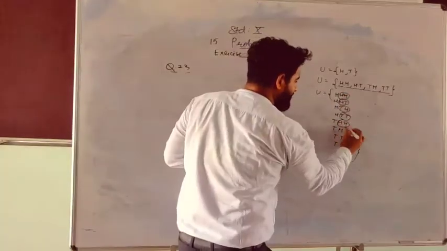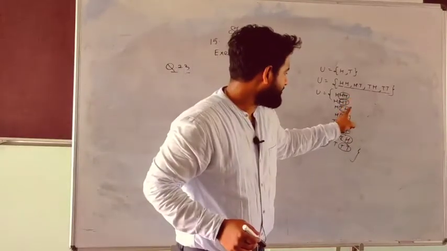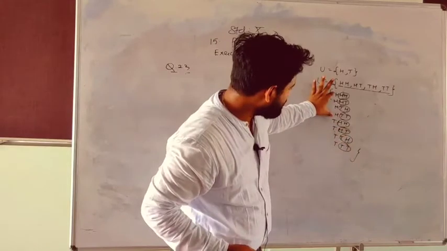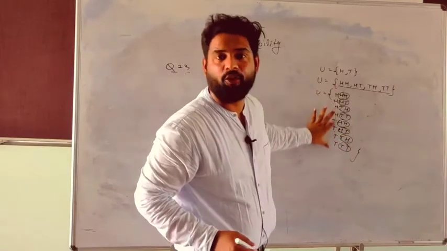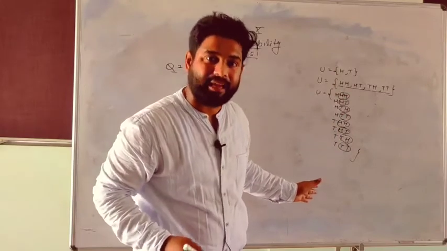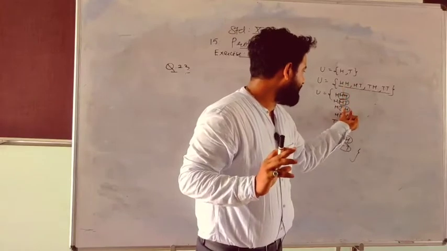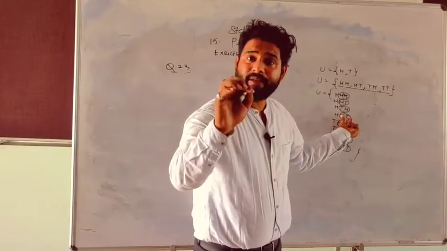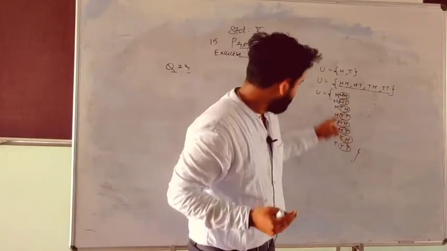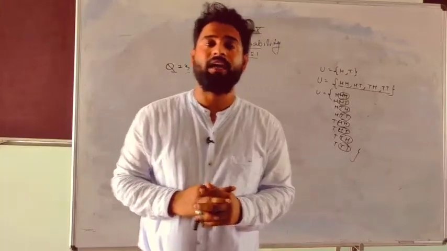Then 4 times H and 4 times T. That is the total sample space of tossing a coin 3 times. Are you getting my point? Let me repeat once. HH, HT, TH, TT is the sample space for tossing a coin 2 times, and you have to repeat this 2 times. Then 4 times H and 4 times T. That will be the sample space of tossing a coin 3 times.